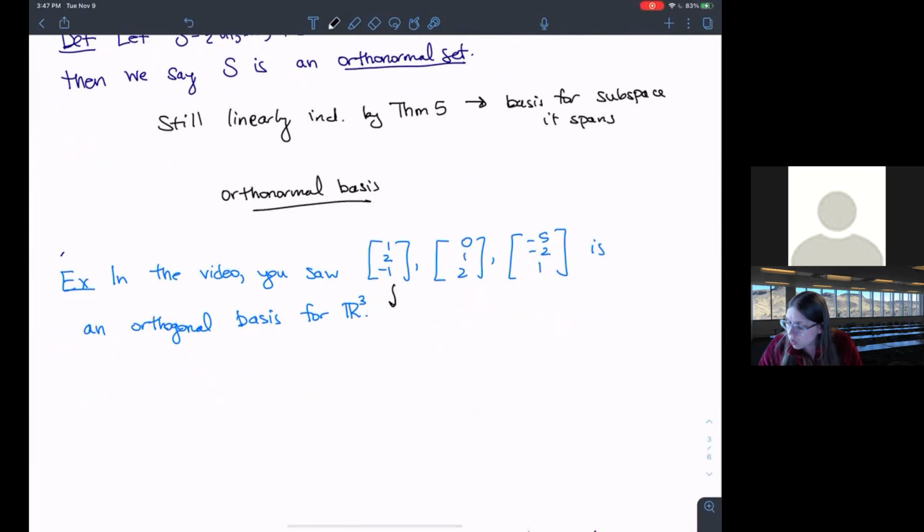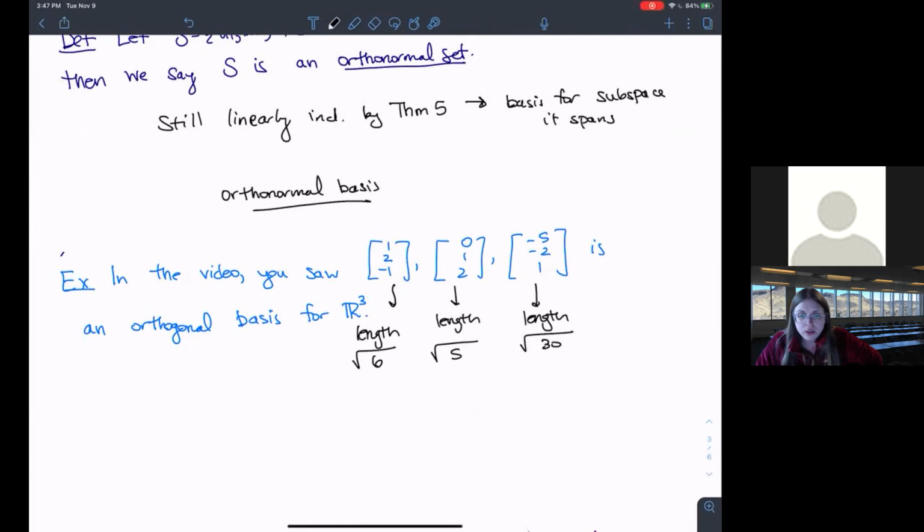So this first vector, (1, 2, -1), you saw in the video, you saw the set (1, 2, -1), (0, 1, 2), and (-5, 2, 1) was already orthogonal. You can check that on your own if you want. But the length of (1, 2, -1) is the square root of 1 plus 4 plus 1, or square root of 6. The length of the vector (0, 1, 2) is the square root of 0 plus 1 plus 4, or square root of 5. And the square root of 25 plus 4 plus 1 is the length of the last vector, so it's square root of 30.